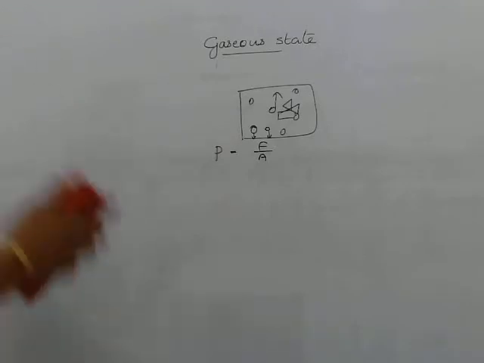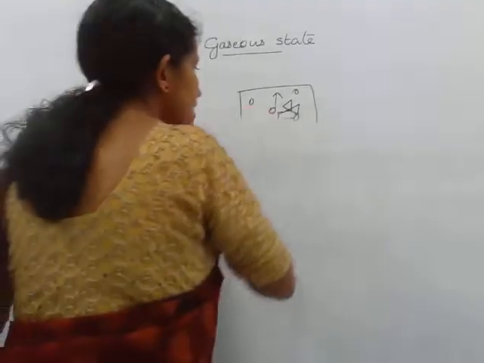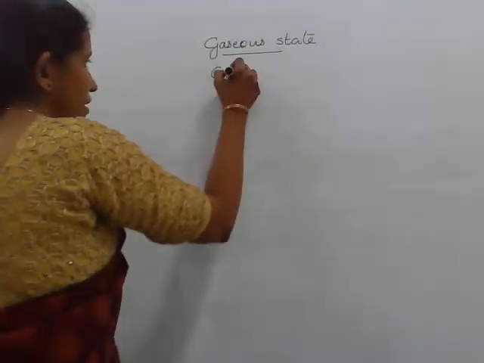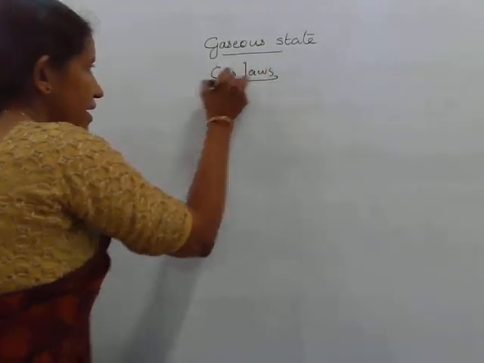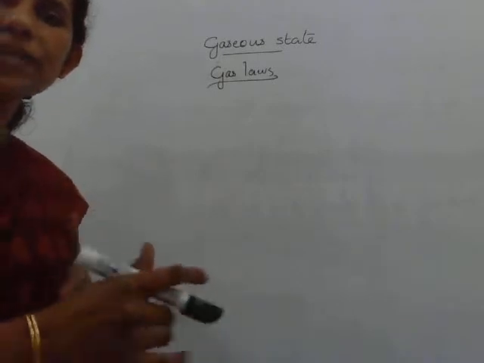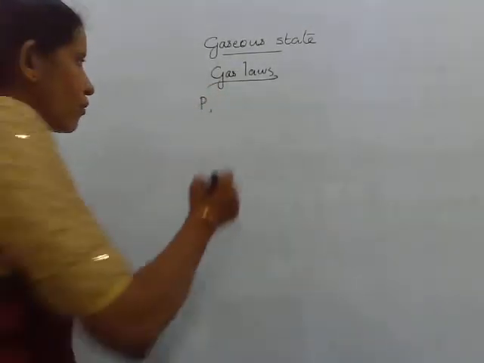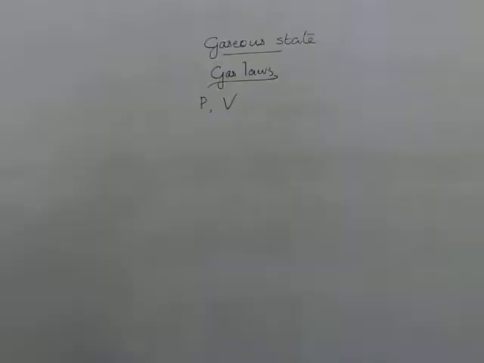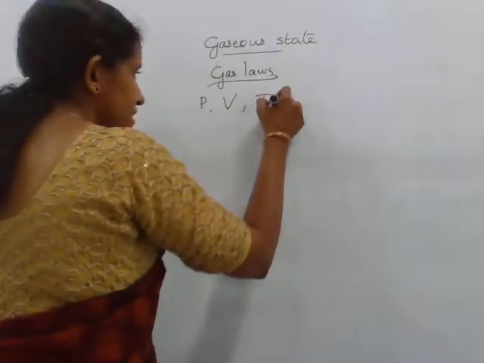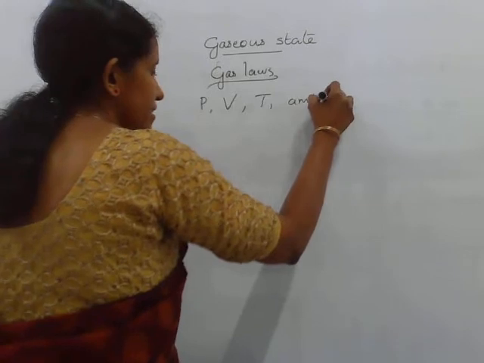In this session, we are going to study about the gas laws. The behavior of gases can be explained on the basis of the measurable properties of gases. Measurable properties means pressure, volume, the space occupied by the gaseous molecules, temperature, and amount of the gas.